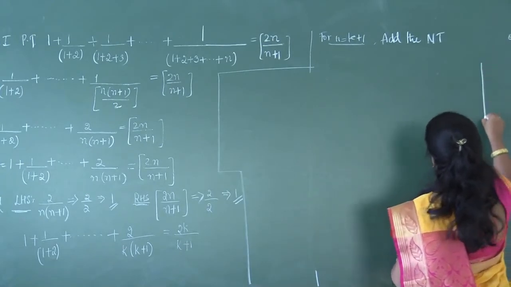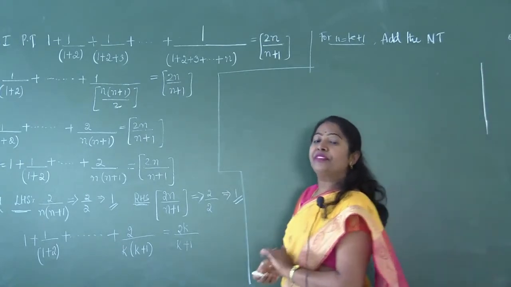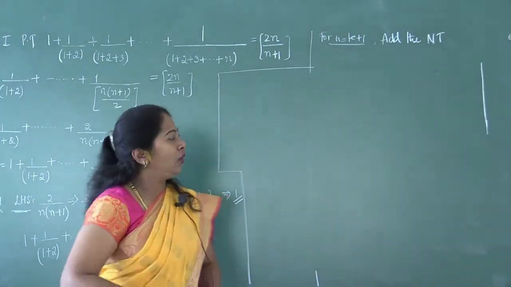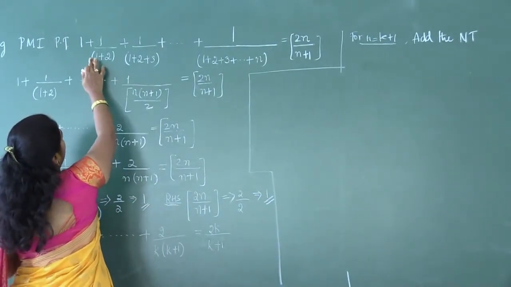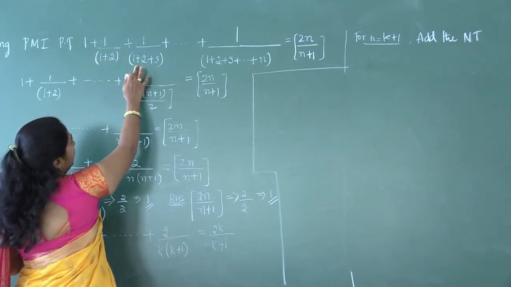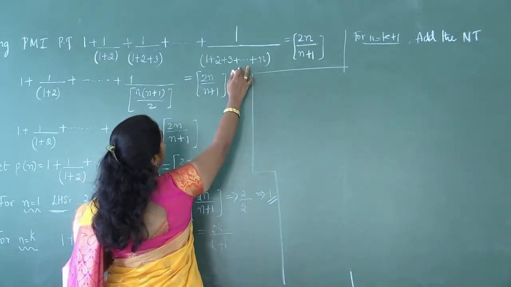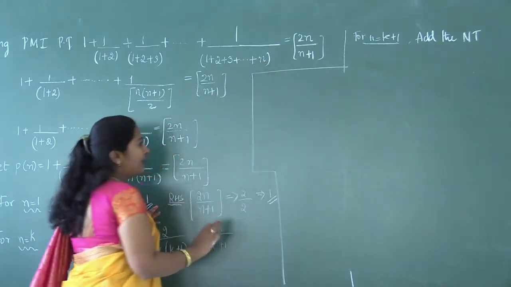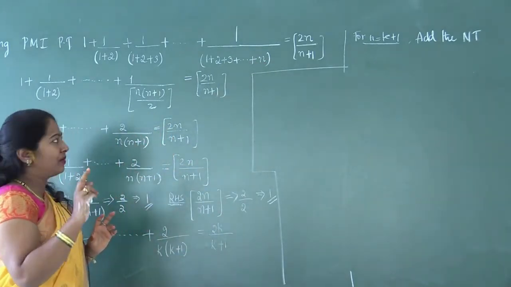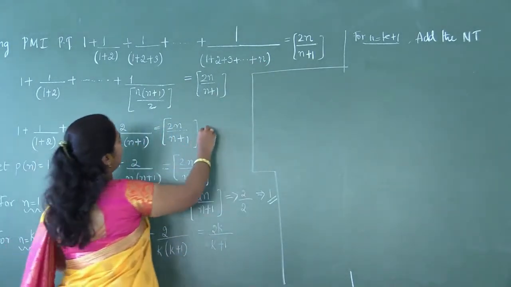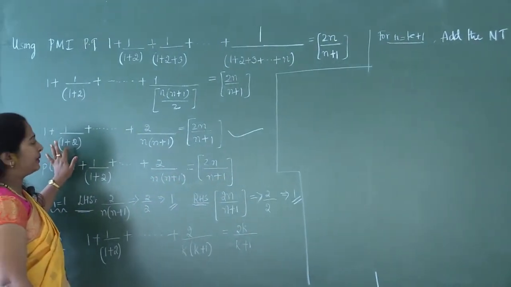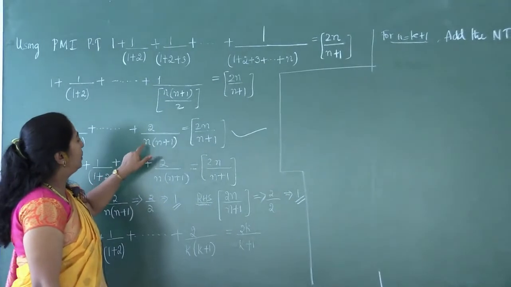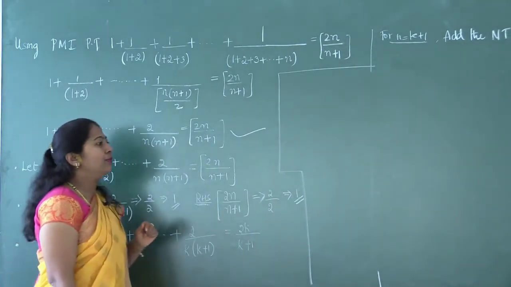Now, make a note in the working column. How do you find the next term? Observe the question. The question was 1 upon 1 plus 2, etc., 1 upon 1 plus 2 plus 3, etc., plus n. Using standard result, that is problem number 1, we have reduced the question to 1 plus 1 divided by 1 plus 2, etc., 2 by n into n plus 1.